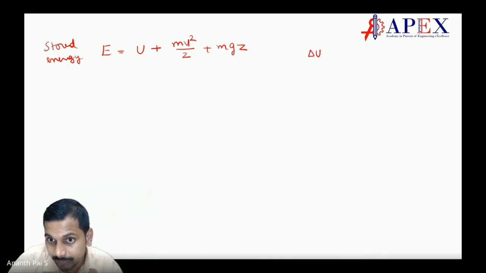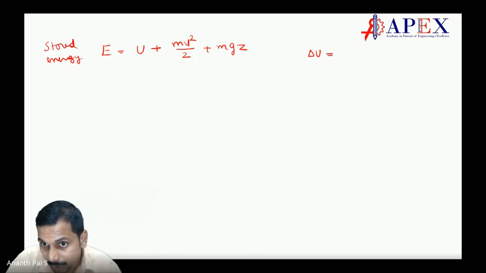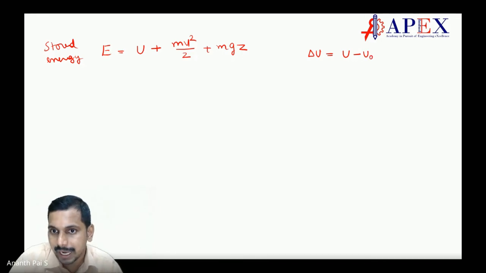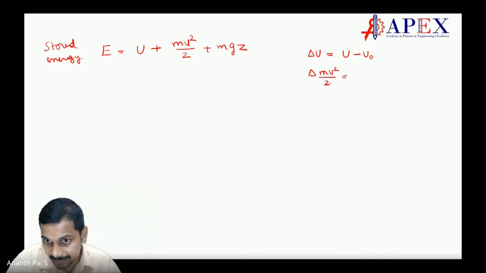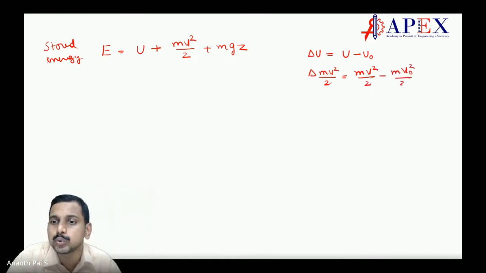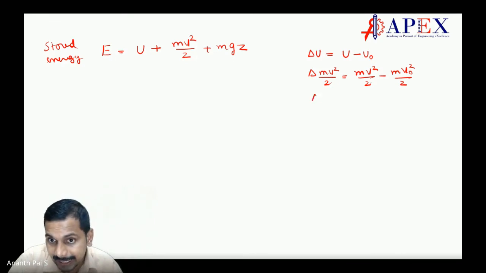If I say delta U is equal to U minus U naught, and if I consider delta mv square by 2, let us take this as mv square by 2 minus mv naught square by 2, and delta mgz is equal to mgz minus mgz naught.